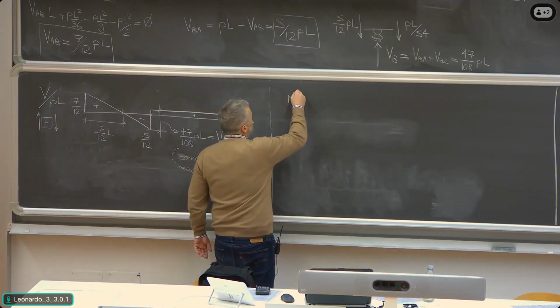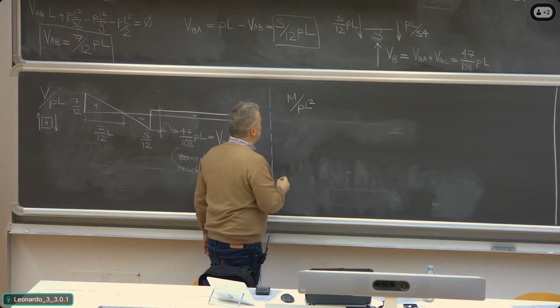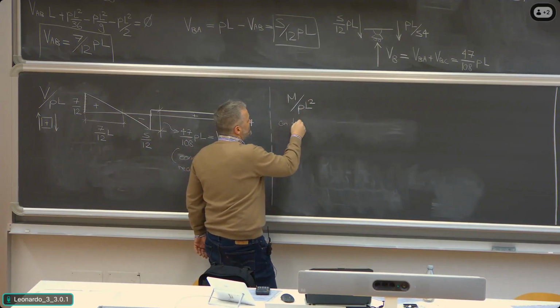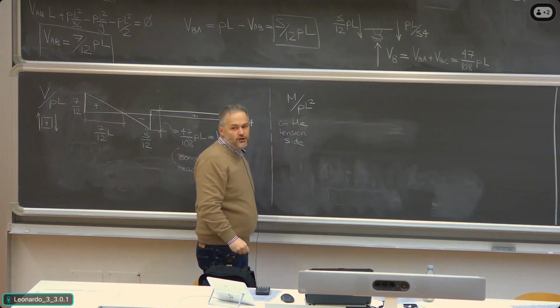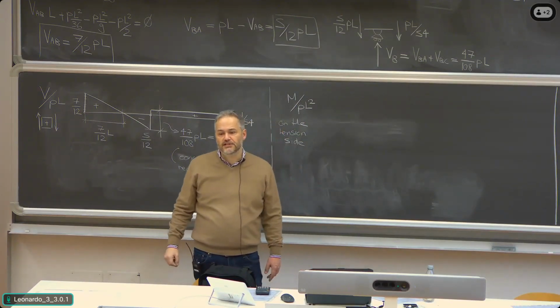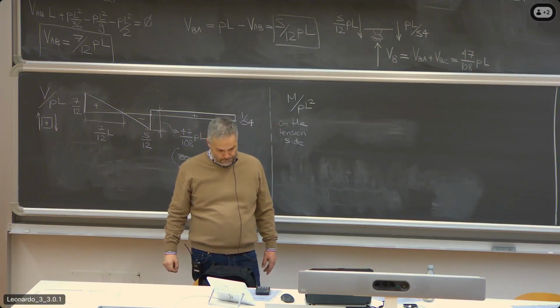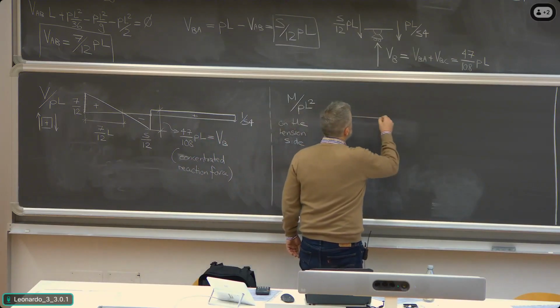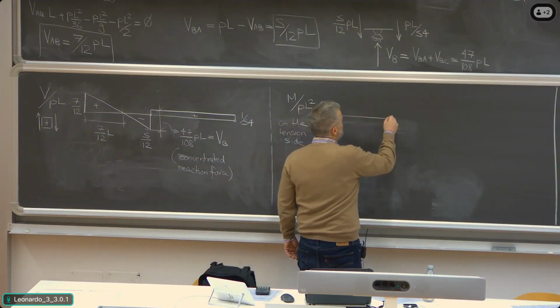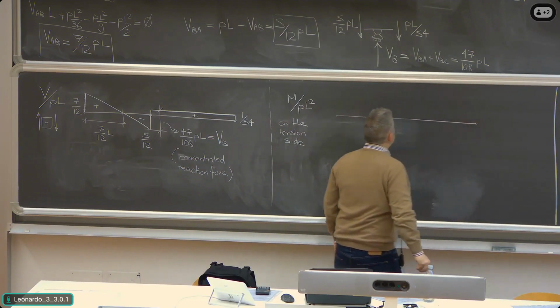Bending moment, I draw it in the scale PL square, and my convention is on the tension side. Why? Because in reinforced concrete sections where there is tension, I put reinforcement. Okay? So again, this is AB, this is BC.